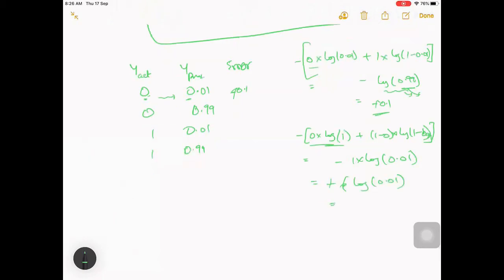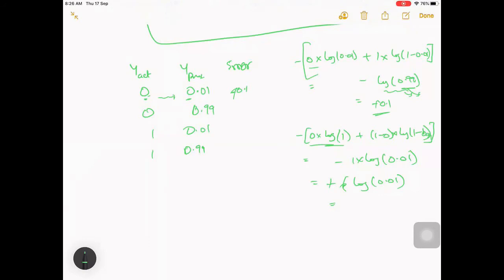If you can compute, let me use a calculator. My calculator doesn't show log, so I have to move to scientific mode. Yes, log is there now. So for 0.01, I am doing log.